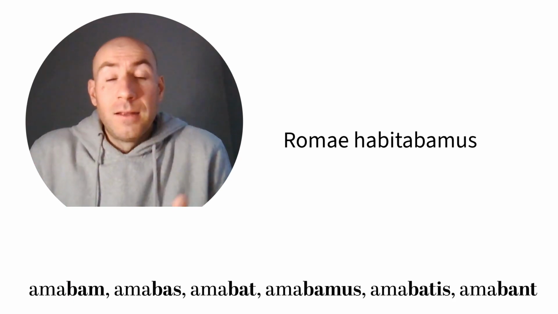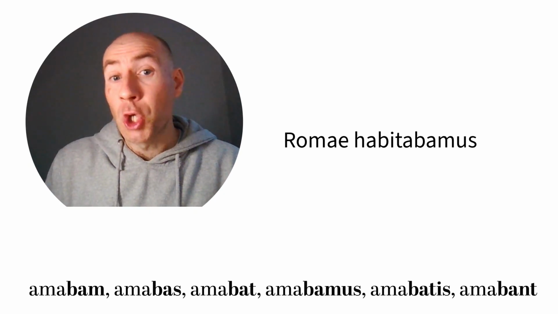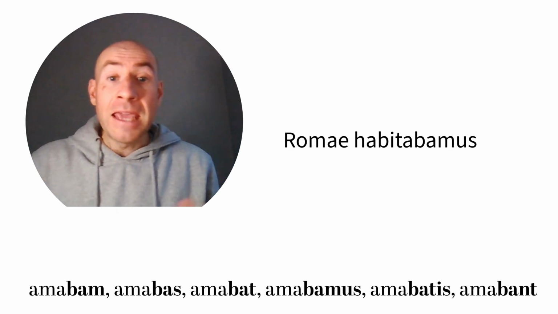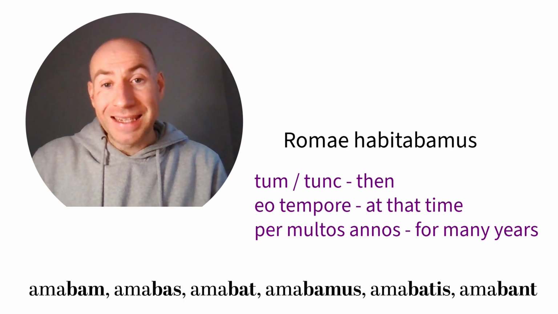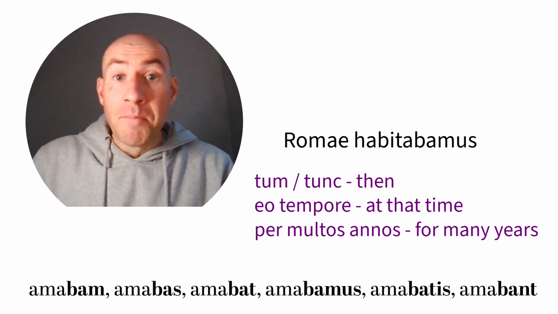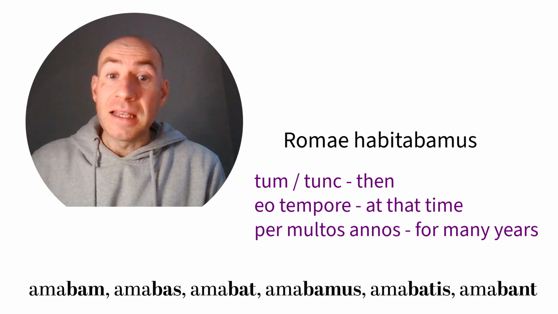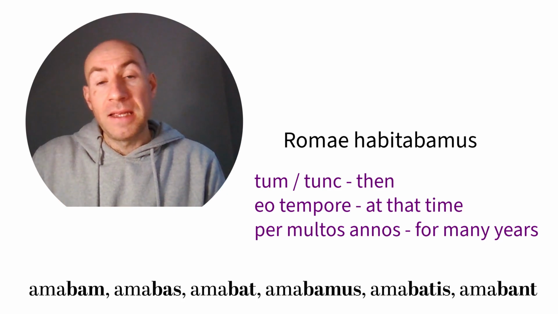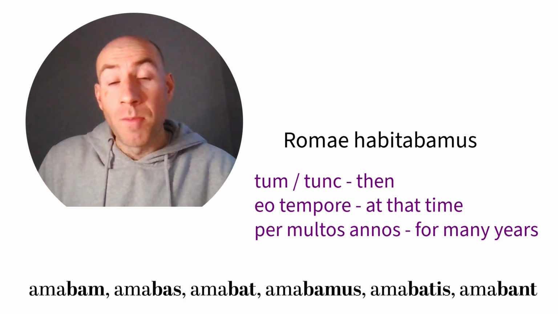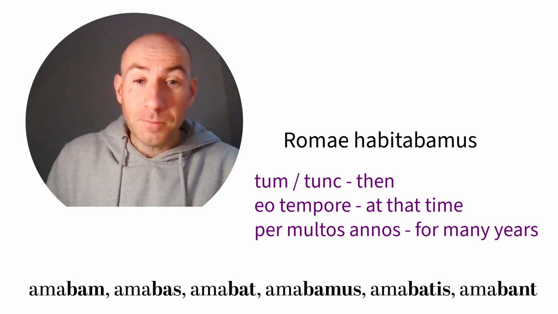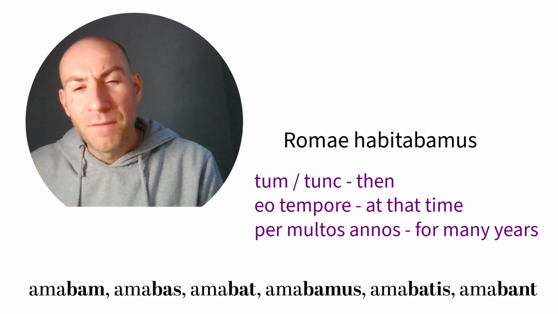If you wanted to add a little adverb there, a temporal adverb, then at that time you could say tunc, perhaps eo tempore. That's an adverbial phrase there in the ablative case. Eo tempore, at that time, maybe also per multos annos, through many years, over many years, for many years in English. Per multos annos Romae habitabamus. Eo tempore Romae habitabamus. Very good, well done.